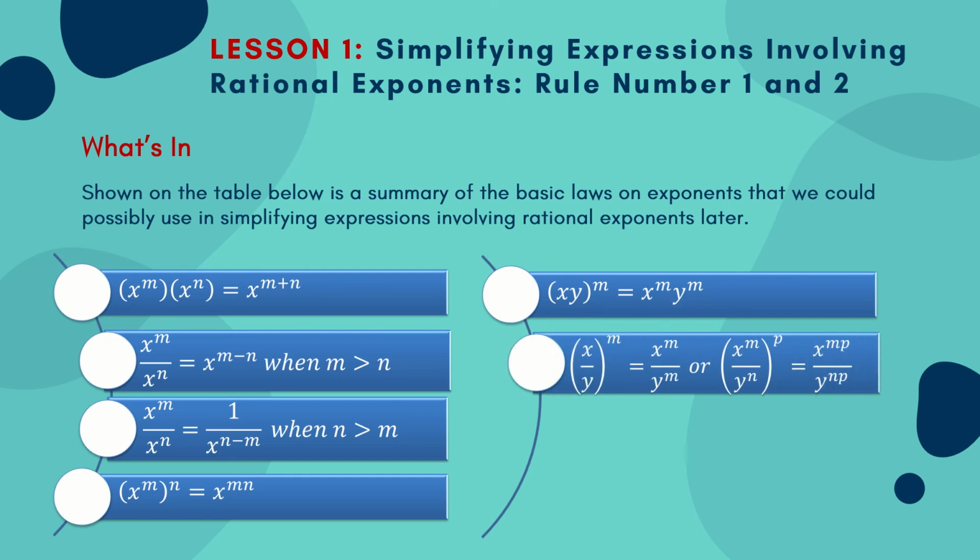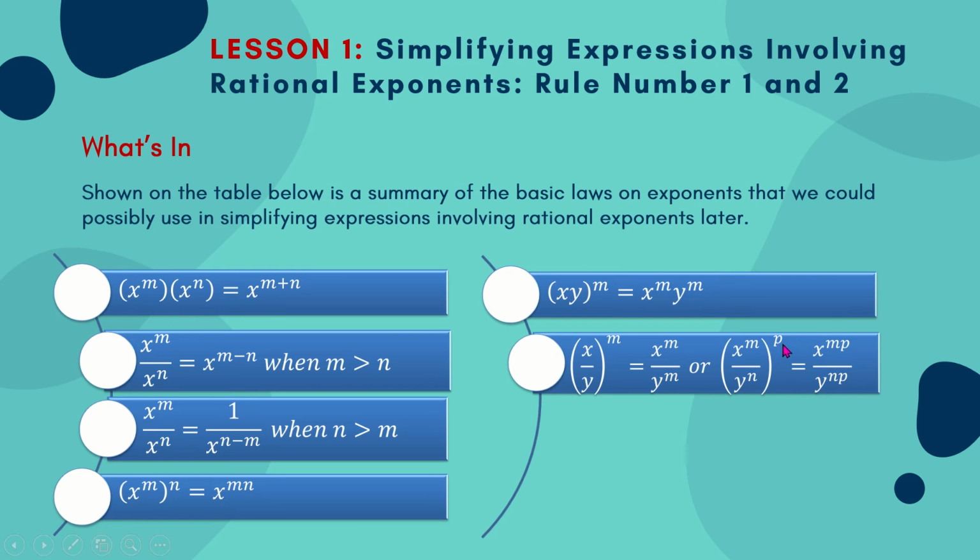The fifth law of exponent is the power of a quotient. It states that a quotient x over y raised to exponent m is equivalent to the numerator base x exponent m over base y exponent m. Or the other way around, if the quotient x exponent m over y exponent n is raised to exponent p, so two exponents, no?